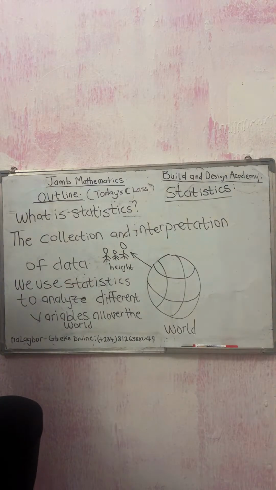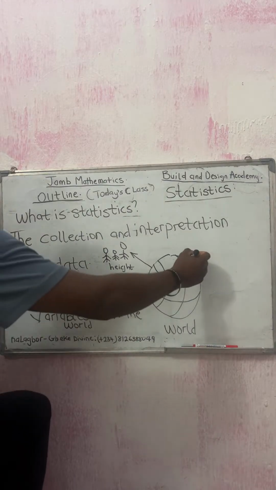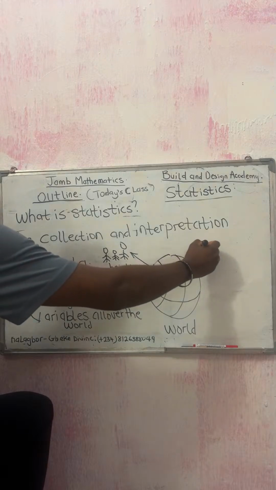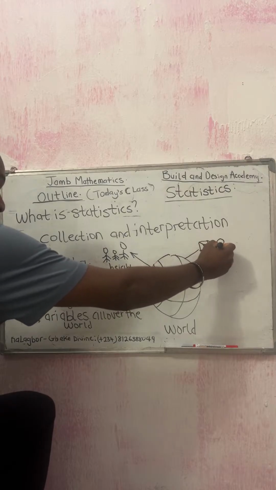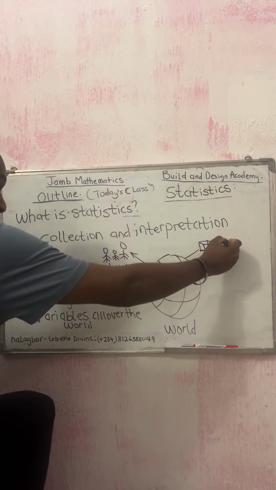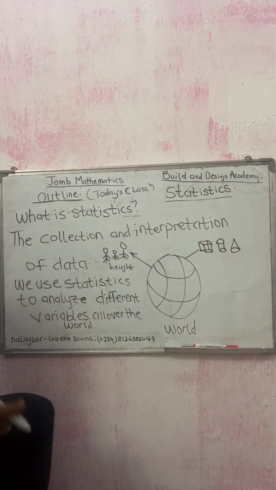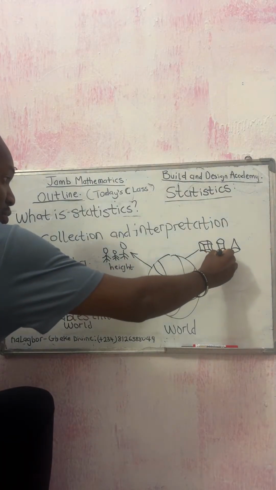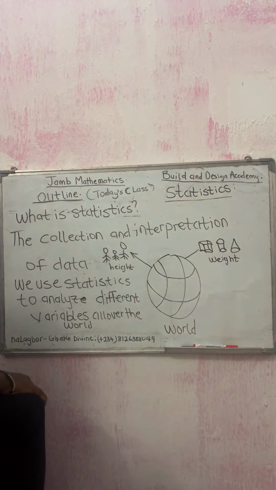Now, if we want to analyze the weight of a ball, or let's say we have a box or a cube, a cylinder, a cone, and want to analyze their weight, we'll also use what? Statistics.